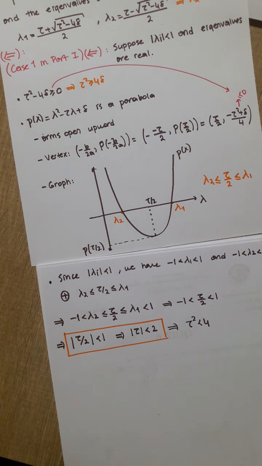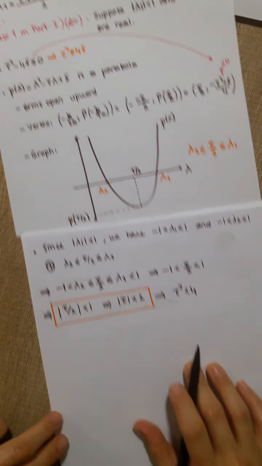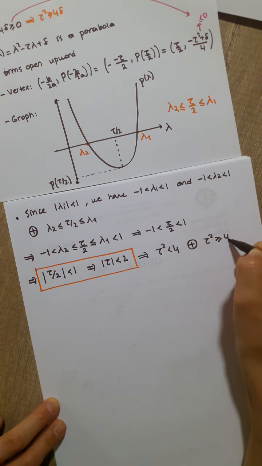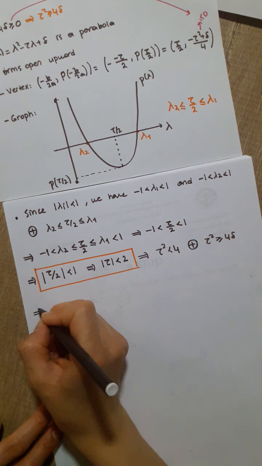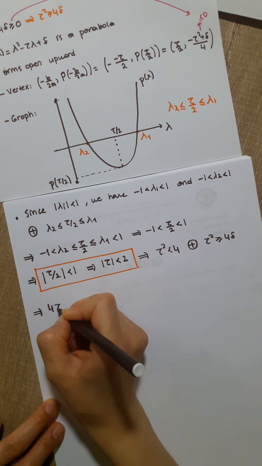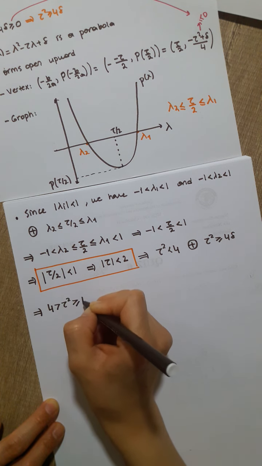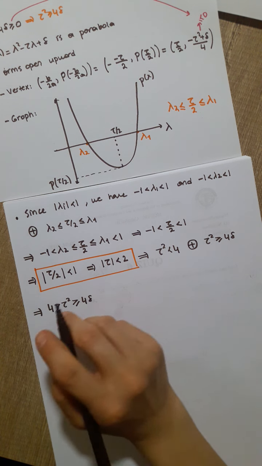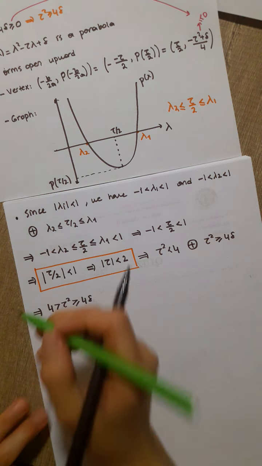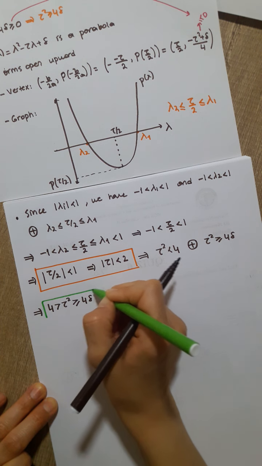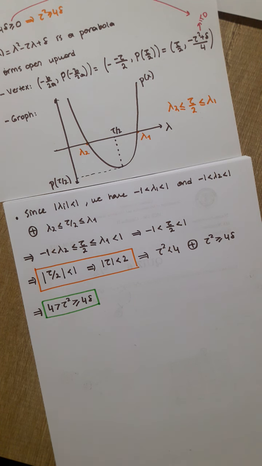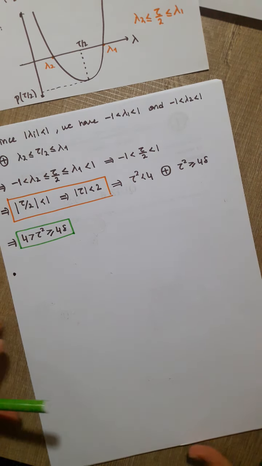So I know this, plus this: tau squared is greater than or equal to 4 delta, which means 4 is greater than tau squared and it is greater than or equal to 4 delta. So I will write the following directly. Let's take this and we will use it. Now, I have another analysis here.